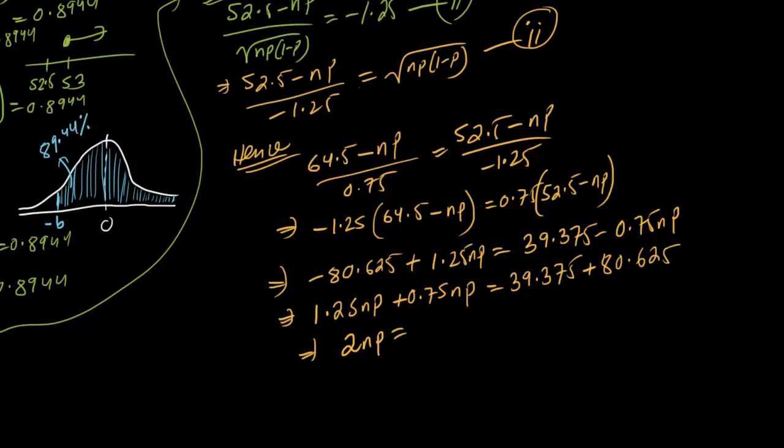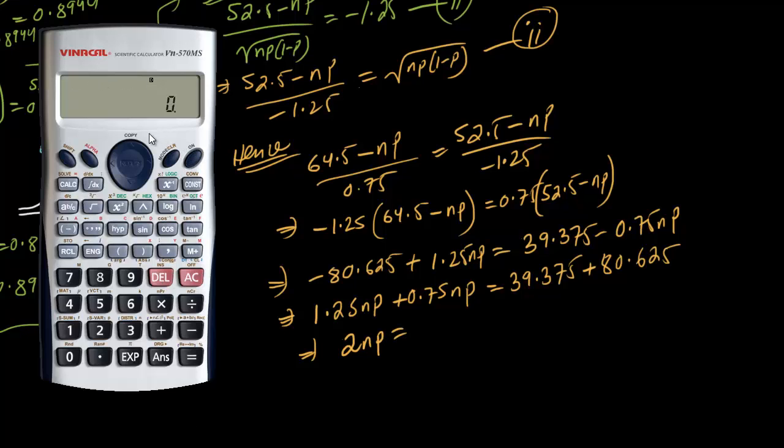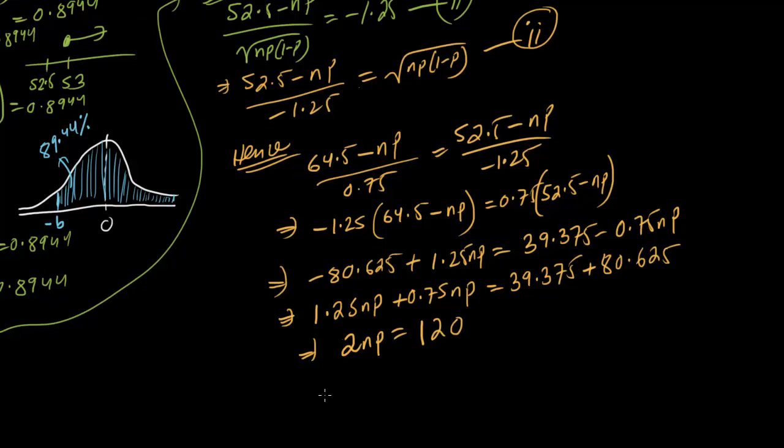That's pretty nice. I thought it would be very complicated. The next one is 39.375 plus 80.625, and that turns out to be 120. So NP equals 60. So we got the value of NP.